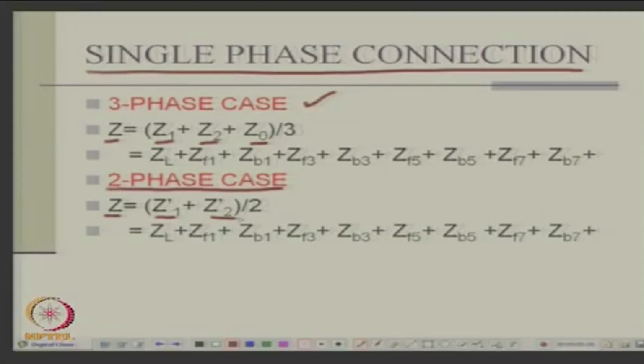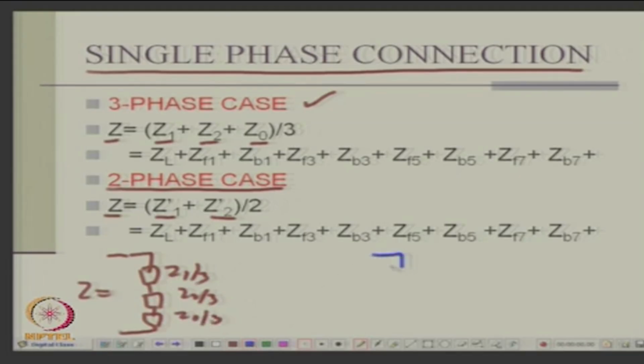And in the 2 phase case, we said it is equal to Z1 dash plus Z2 dash by 2, right. I think this we have derived. So, in one case we have Z1 by 3, Z2 by 3 and Z0 by 3. In the other case, it is Z1 dash and Z2 dash by 2.